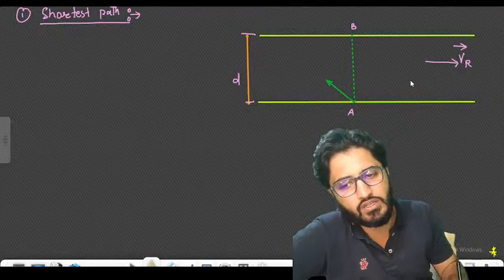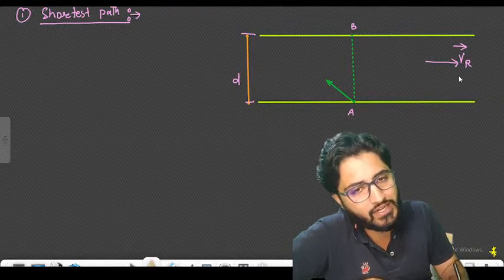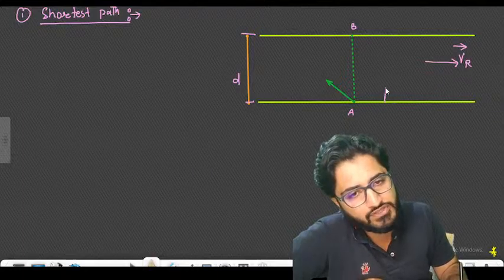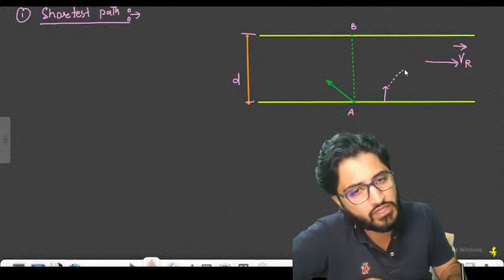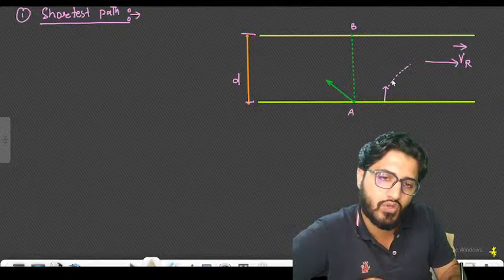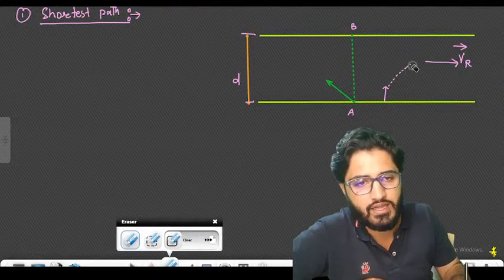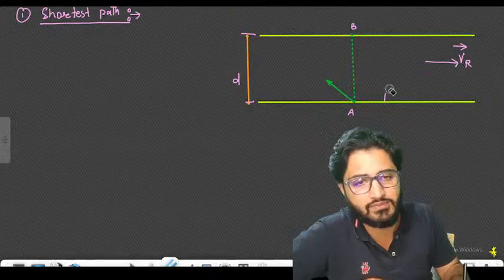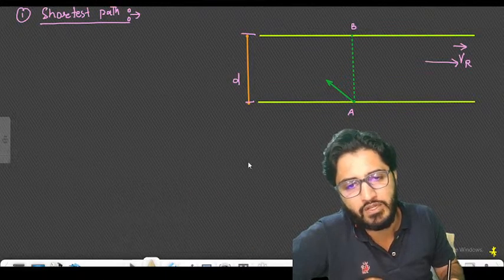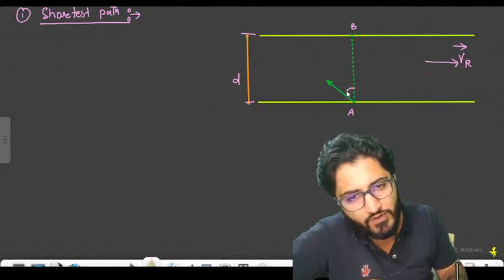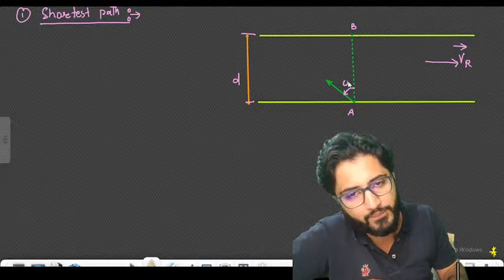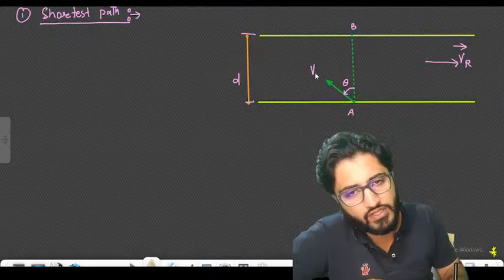The velocity of the river is going rightwards. If the person jumps in this way, due to the current he will go in this direction. So a person jumps at some angle theta. This is my velocity of the man in still water.